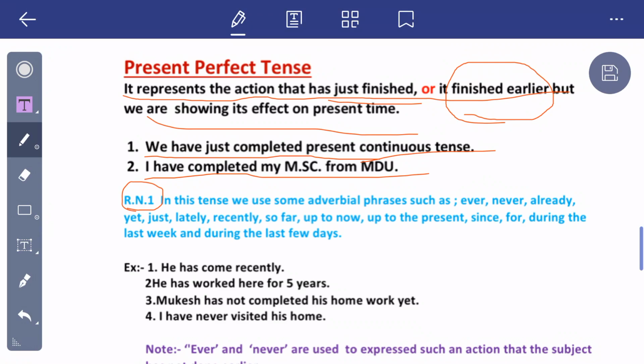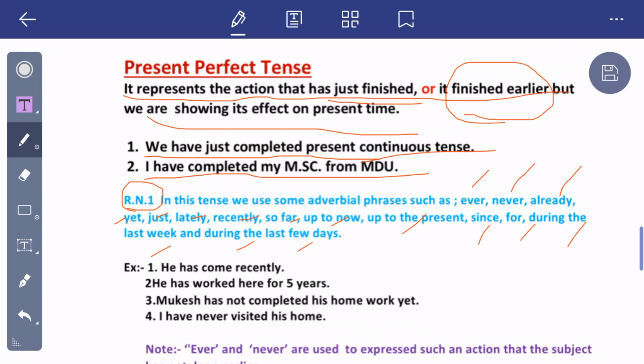So which adverbs are here? Please focus on that: ever, never, already, yet, just, lately, recently, so far, up to now, up to the present, since, for, during the last week, and during the last few days. If you find these adverbs in any sentence, you can use present perfect tense in that.